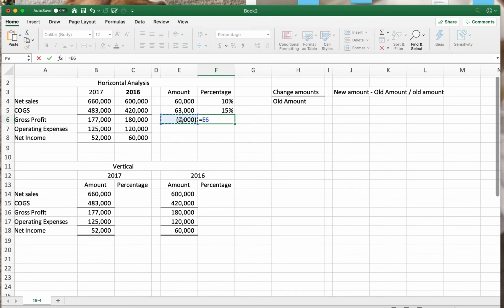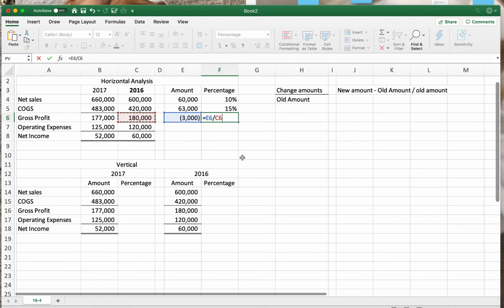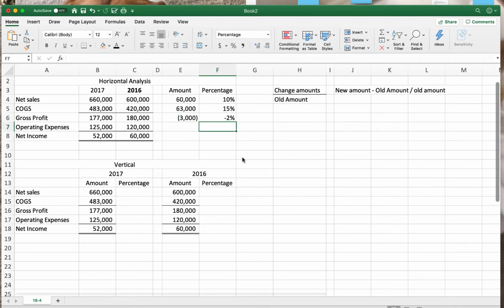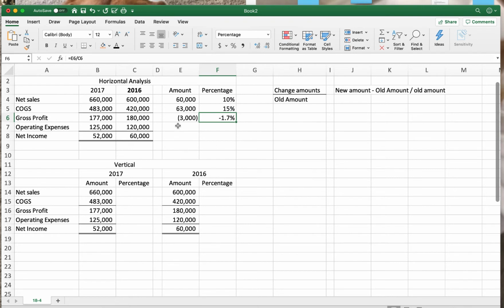We take our change amount and divide it by the old, which is $180,000. I'm going to take this out to a decimal place and notice that it's negative, so we had a decrease. We're going to do the same thing for operating expenses.